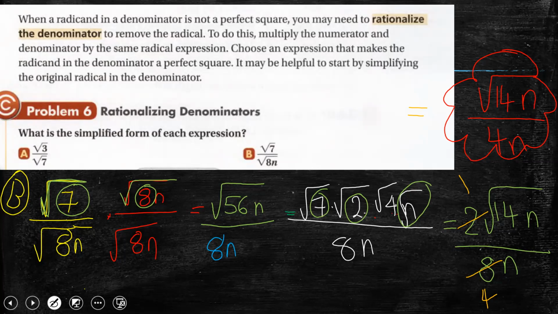Is it clear now? Yes, teacher. So I need to simplify it. The first way, I started with rationalizing the number. Then I have a number under the square root, but it's not a composite one. I need now to simplify it using multiplying.